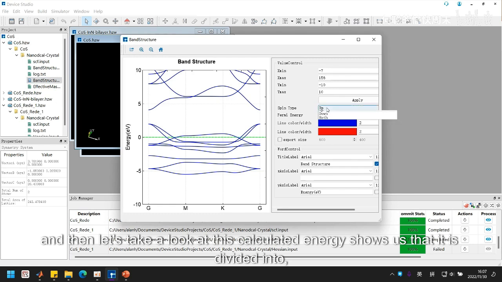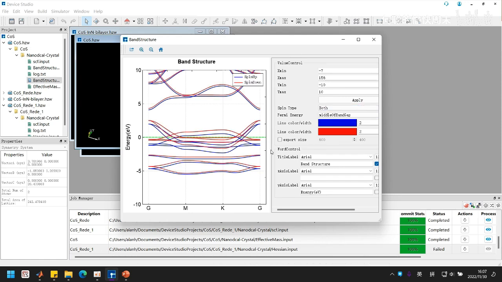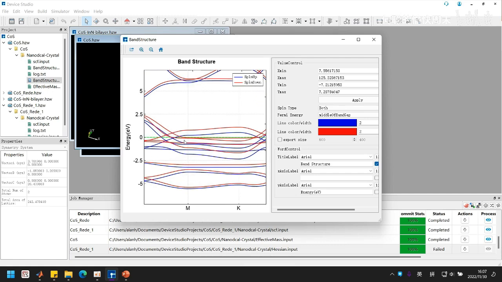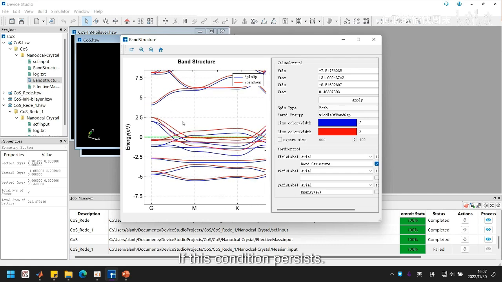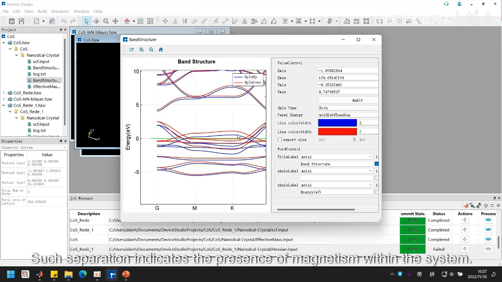It shows us that it is divided into two. It's separated into one spin up and one spin down electron. Let's pick these two. If this condition persists, such separation indicates the presence of magnetism within the system.